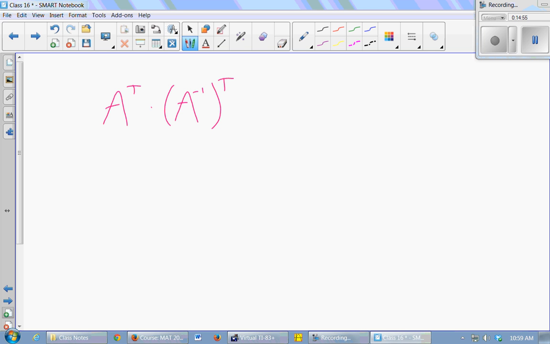No, oh no, I'm not done yet. We have to show that this gives the identity. This is my candidate for the inverse. If I can show that that gives the identity, then that definitely is the inverse of A transpose.